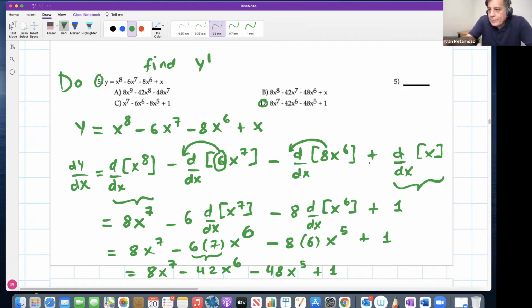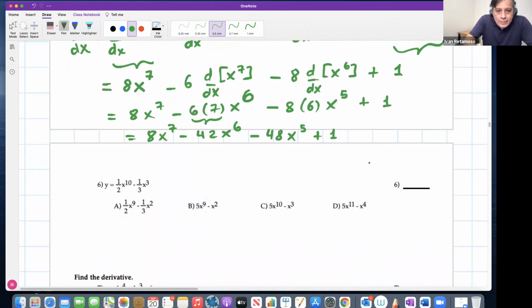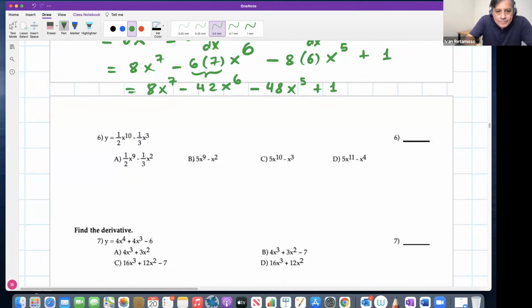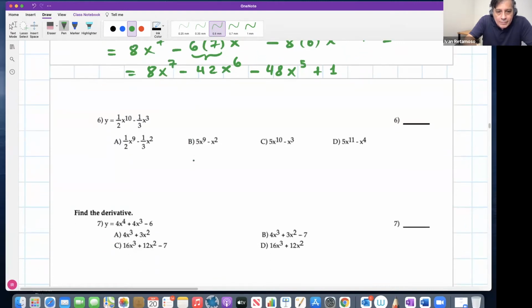Very good, excellent. Now let's go over some questions that are a little bit tricky. This one, I think, is another direct application, and we're going to do it quicker this time. Can you try this? Number 6.